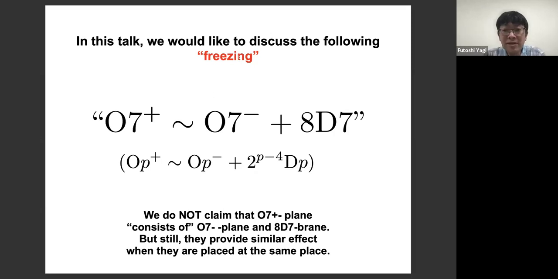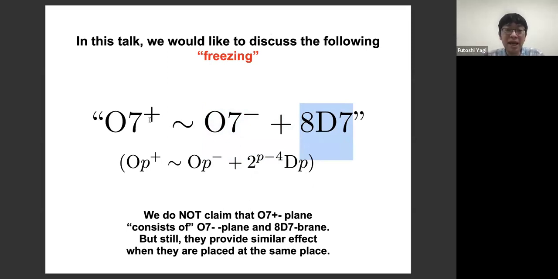In some sense, I'm calling this freezing, which means that if we locate O7-minus and 8 D7 branes at the same position, and suppose that the D7 branes do not move, fixing the location of the D7 branes by hand at the location of O7-minus, I call this freezing.